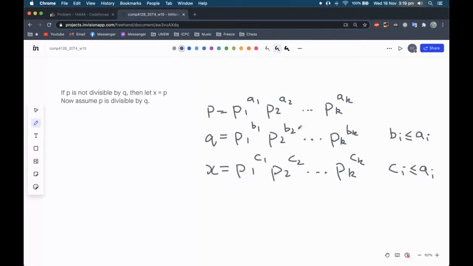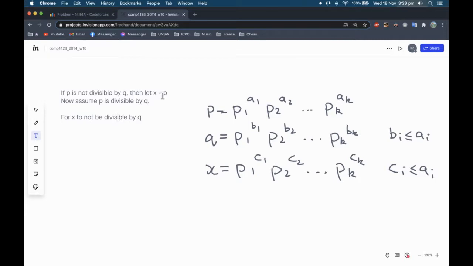Okay, so we've now worked out what divisibility looks like, but now we have to look at what not divisible looks like. What we want here is for x to not be divisible by q.